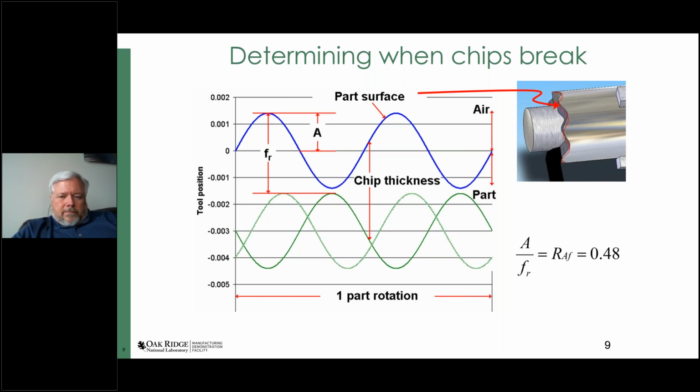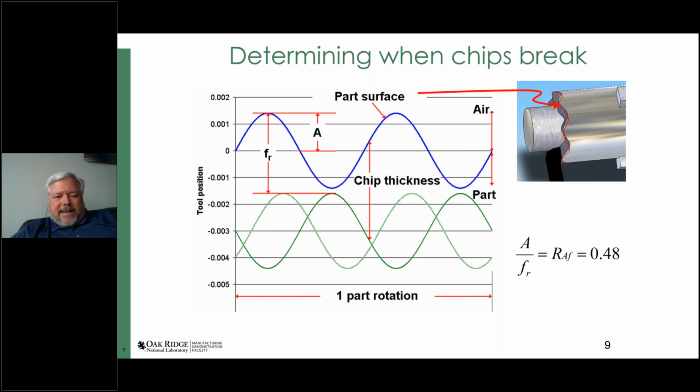So you can imagine if the motion of the tool exactly lines up with the motion one revolution ago, then I'm not going to break the chip, right? The two waves are exactly aligned with each other, and that would be bad.